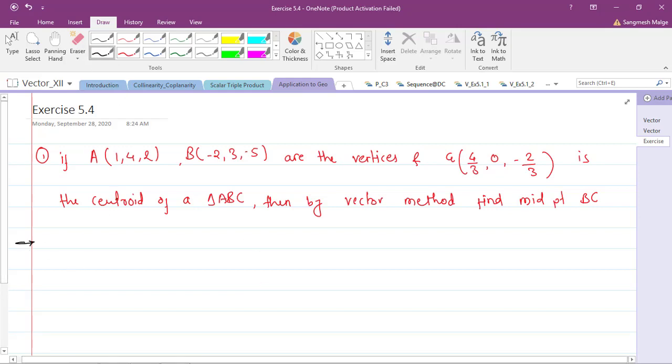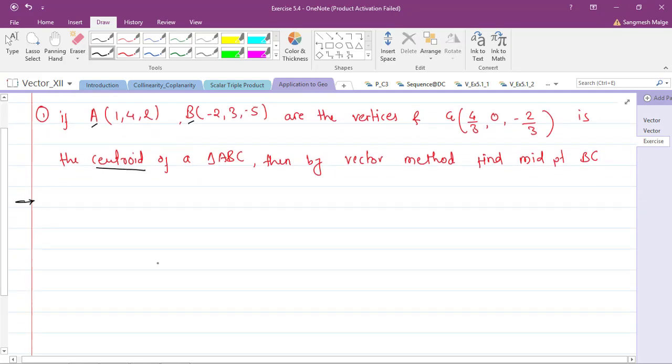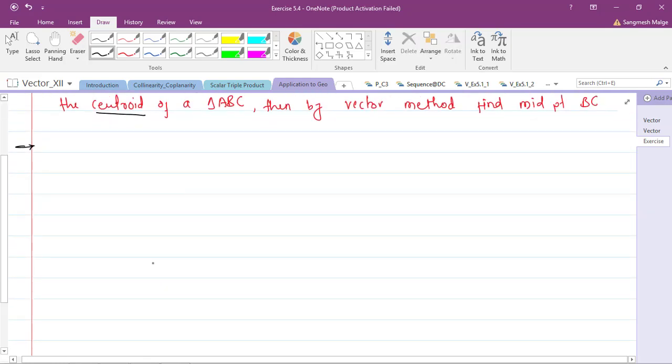See here, they have given the vertices coordinates as well as the centroid coordinates. So the very first statement we took in the last video: the centroid of any triangle ABC is given as G bar equals A bar plus B bar plus C bar upon 3. First let's find C bar. So 3G bar equals A bar plus B bar plus C bar.